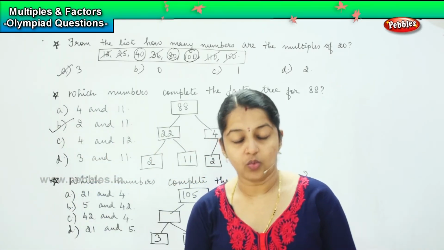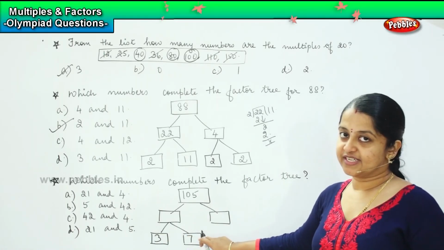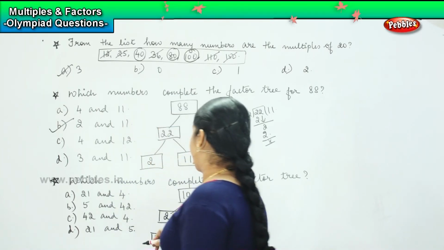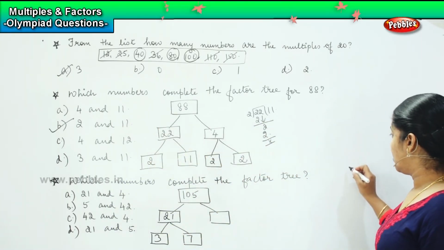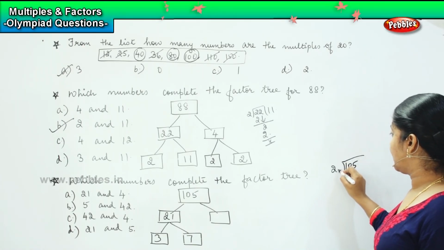Okay. So now how will we find out, children? 3 into 7 is how much? 3 sevens are? Yes, 21. And now I will divide 105 by 21 to see what is the quotient. So 105 divided by 21.